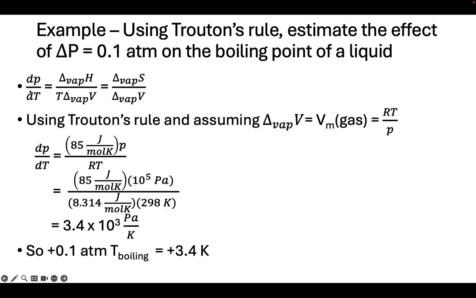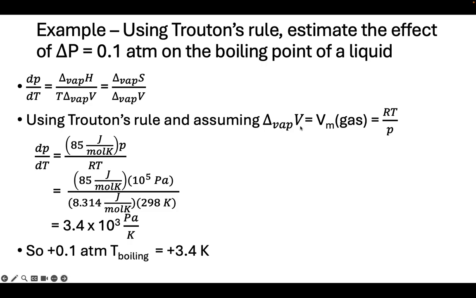So that ratio, delta P over delta T, we said could also be written as delta S over delta V.